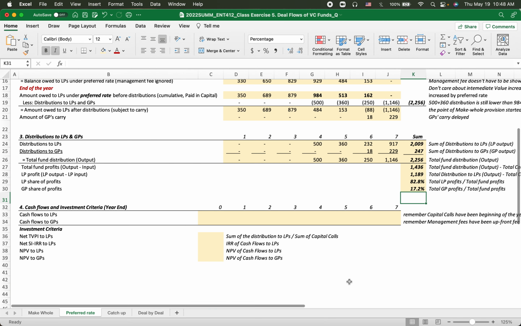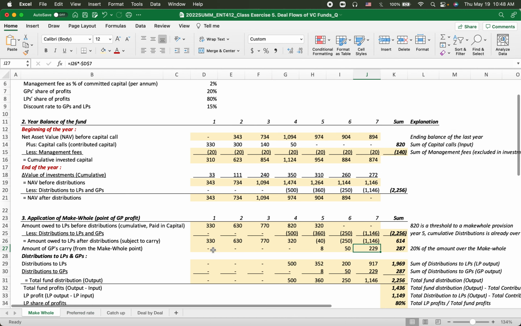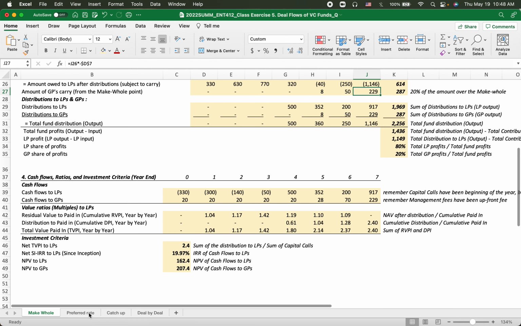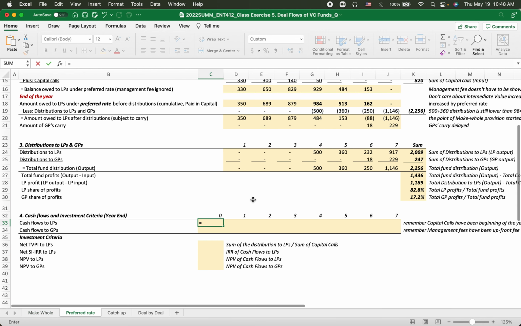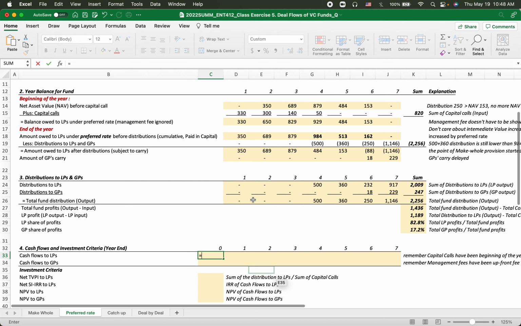Let's also calculate the IRR of LPs, and this IRR of LPs must be higher than without the preferred rate, in this case 19%. So let's collect one more time these cash flows. You have to take a look at all the deal flows in the cash flows at the beginning, right?